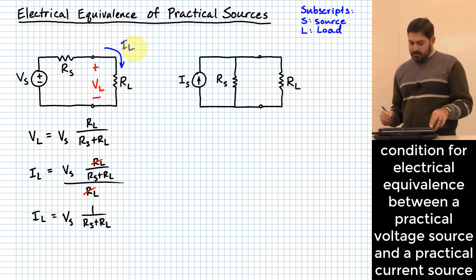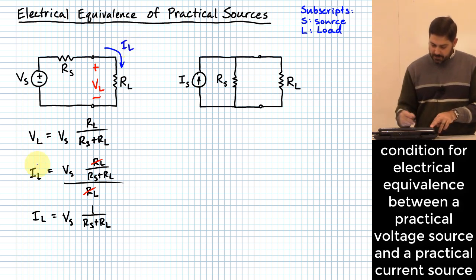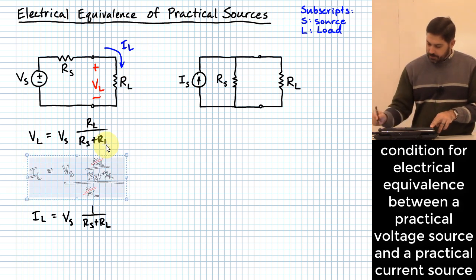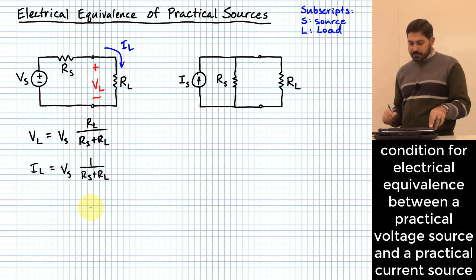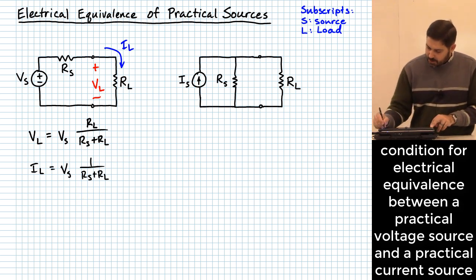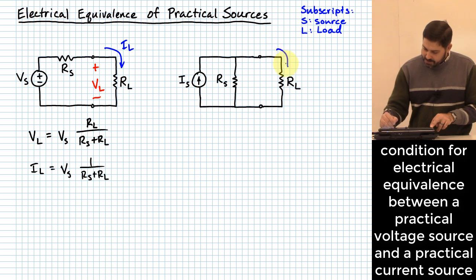Okay, so basically, we don't really need that intermediate result. I'm just going to let this be these two results right here. Now, what about the current source? I'm going to start actually with IL. Okay, IL is this current that flows through the load.